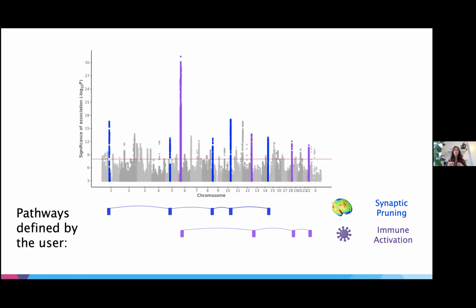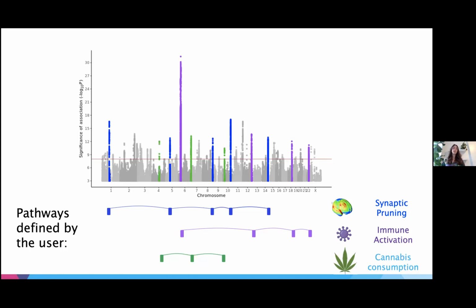So what I am representing here is the blue boxes or the purple boxes are genes. And then the lines are the genes that are forming a pathway. They are not exons and introns. And then, for example, these other signals in green, they might be due to a cannabis consumption pathway. And importantly, in PRSet, these pathways are defined by the user.